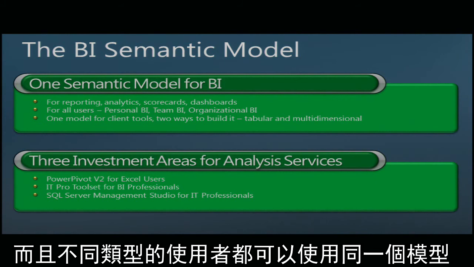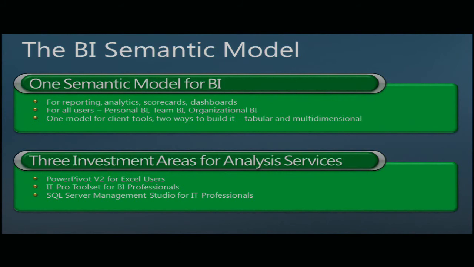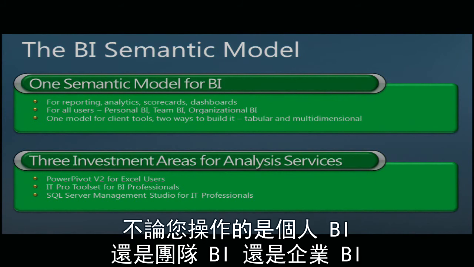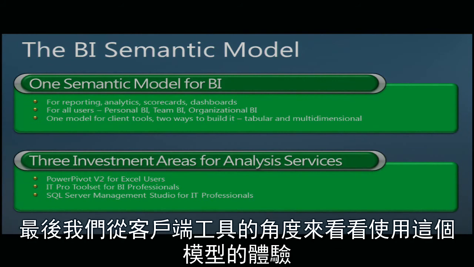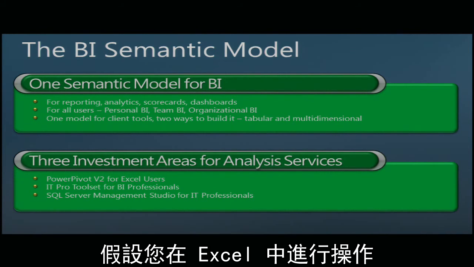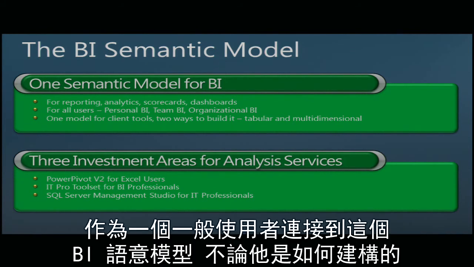Also, for different types of users, that means one model. So whether you do personal BI or team BI or organizational BI, that is all one and the same model that you will be building and working with. The last angle is how this one model is experienced by client tools. Let's say you're working in Excel as an end user connecting to the BI semantic model.